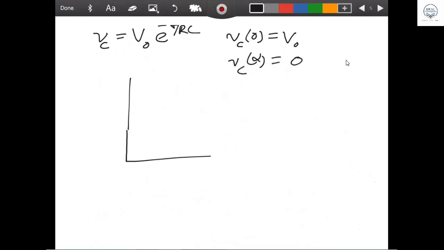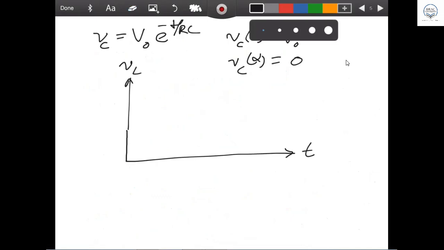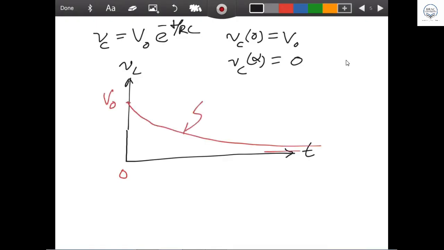So I hope all of you understood that at time t equal to 0, it is V naught. At t infinity, it is 0. So exponentially, it is dying. Exactly the same thing happened. So VC in this case is V naught e to the power minus t by RC. So this is the voltage.